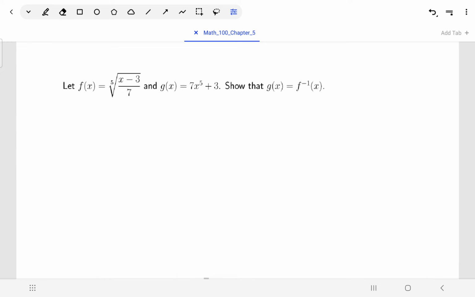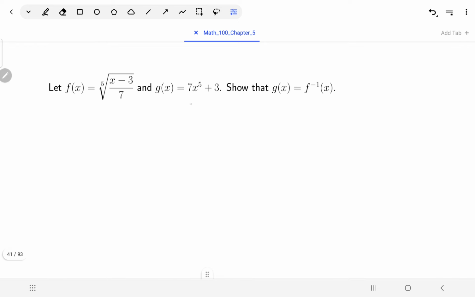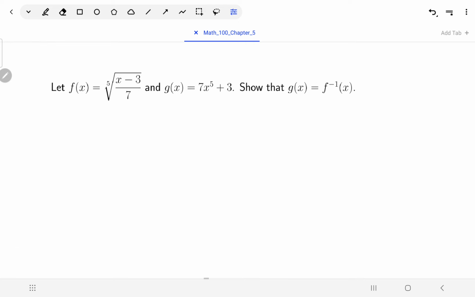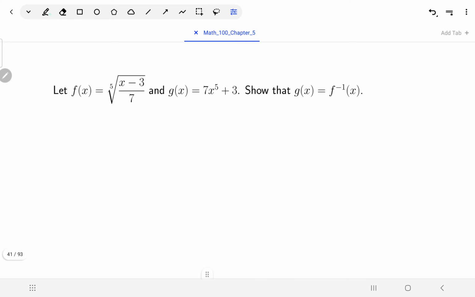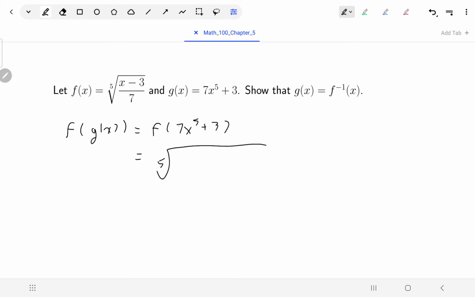Okay, so without having talked about how to find inverses, we can at least confirm that these two functions are indeed inverses, that g is the inverse of f. And I can see that just by looking at f composed with g. If I put g of x inside of f, so if I'm putting that 7x to the 5 plus 3 inside of f, then I would have fifth root of, instead of x, all of this business, minus 3 over 7.